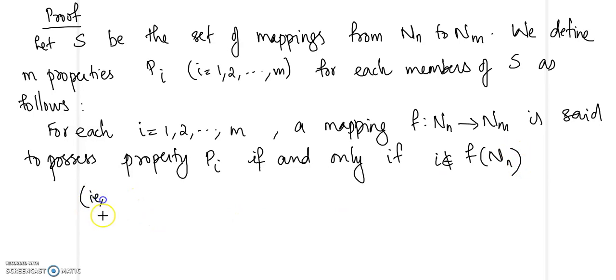That is, a mapping F is said to satisfy property Pi if and only if i does not belong to f of Nn. So i does not belong to the image set.